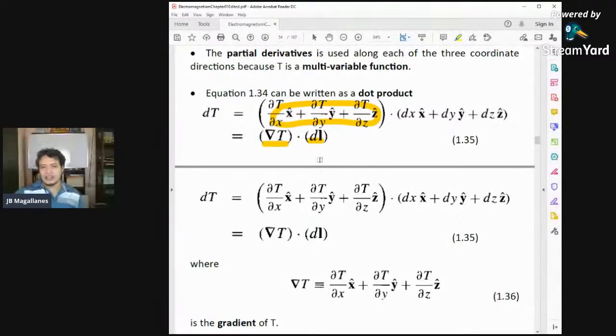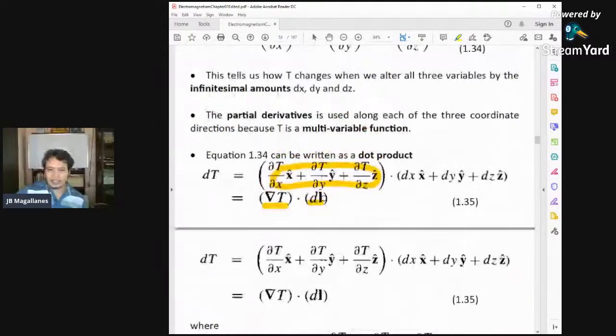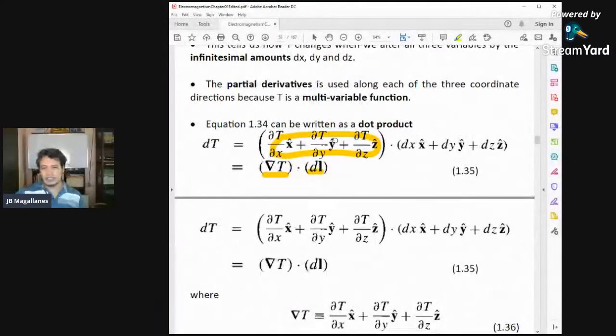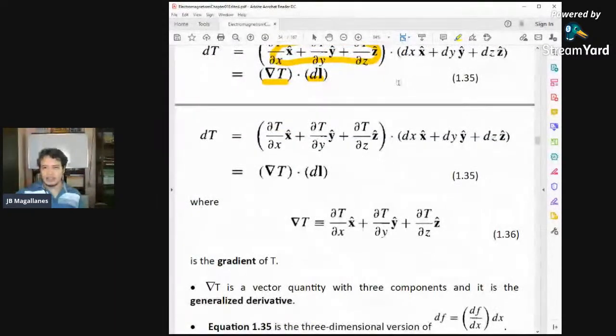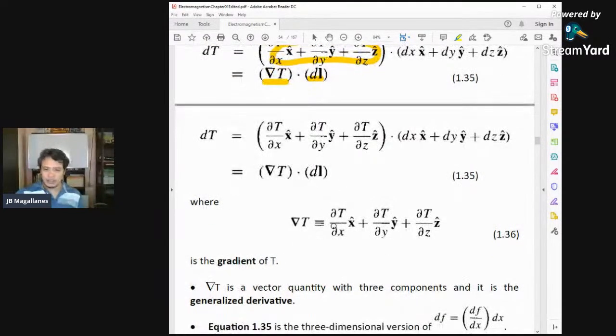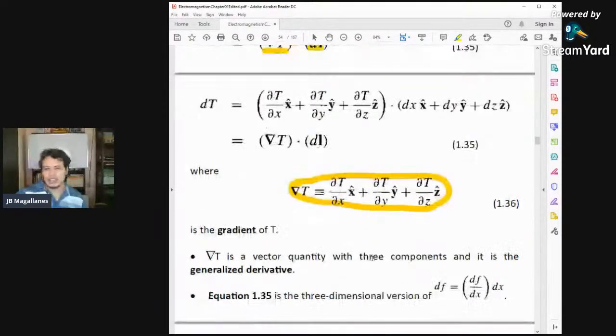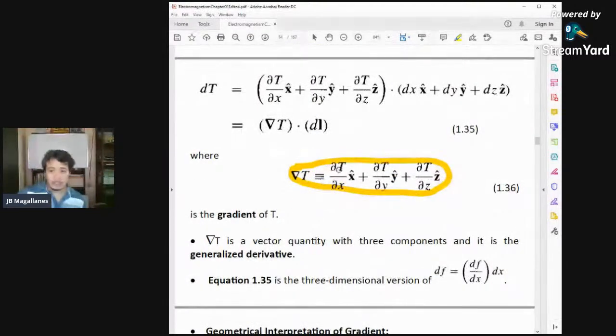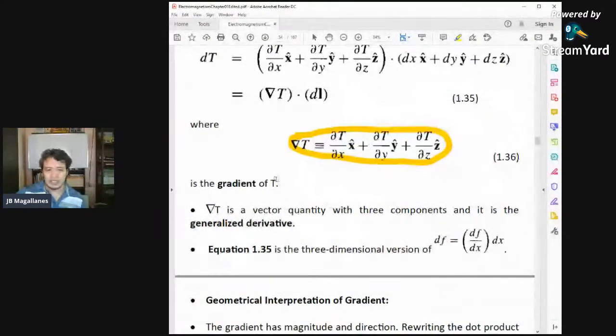So you can write dt. Again, this is just rewritten. dt is equal to that, and then this is just the gradient of t, dotted to dl. So the gradient of t is again this one, or you can even factor out t outside. You will see that later.